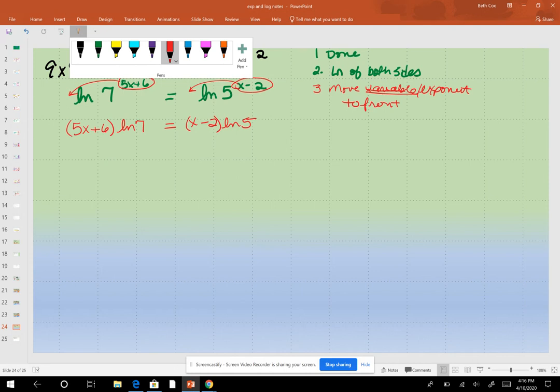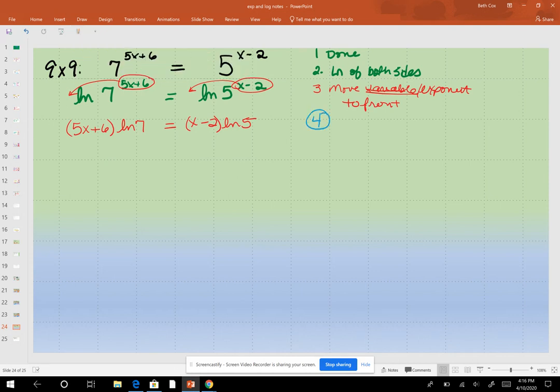Step 4, we're told to solve for the variable. Well, we've got two of them. They're on opposite sides of the equation, and somehow we've got to get them together. We've got to get the variables on the same side and the numbers on the other side, and we've got these natural log things.